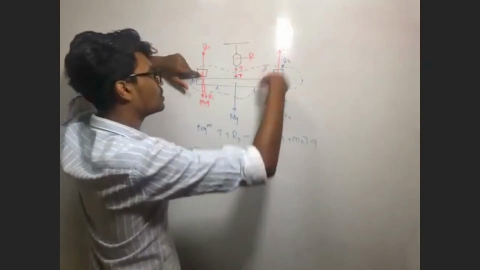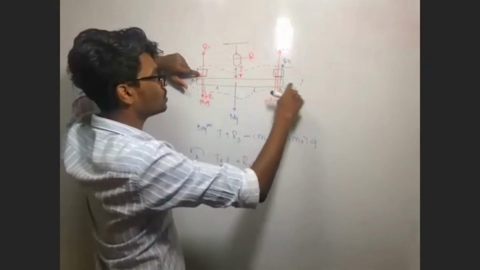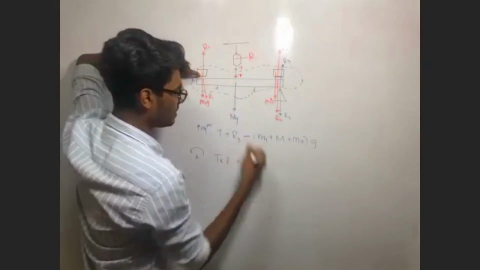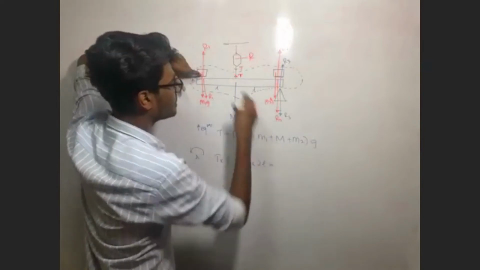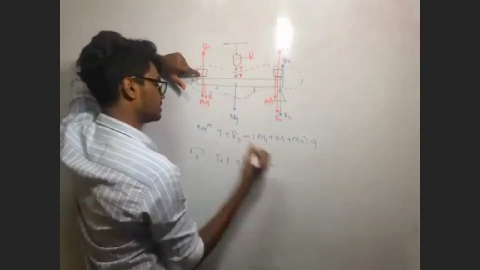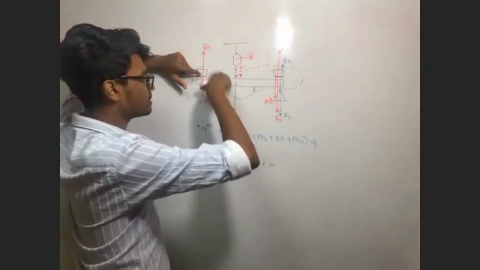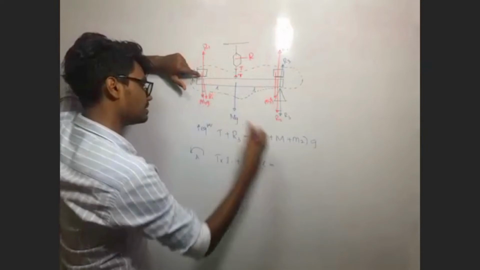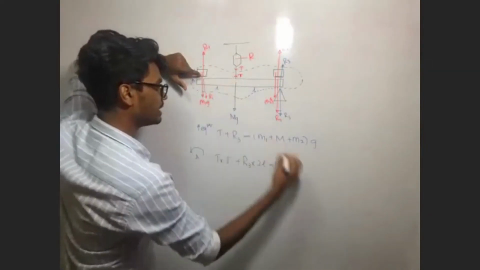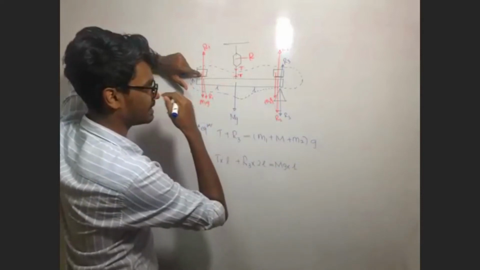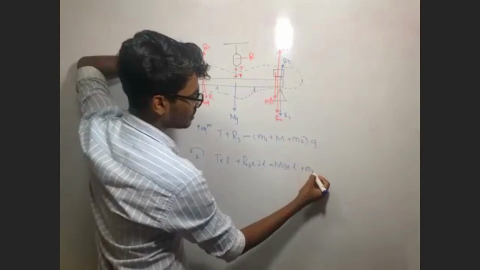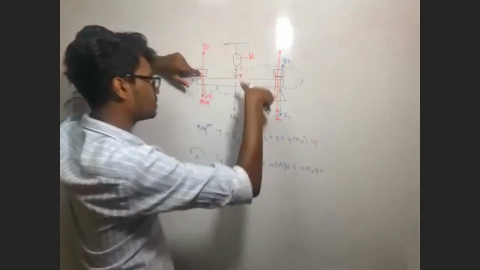R3 into 2L. The moment is R3 into 2L. So is there any other moment in the anti-clockwise direction? T and R3. So the other, clockwise moments: capital MG into L and M2G into 2L.